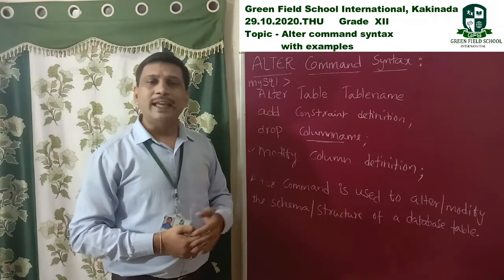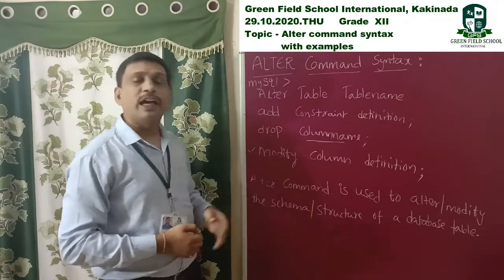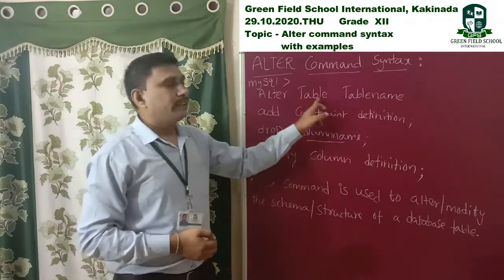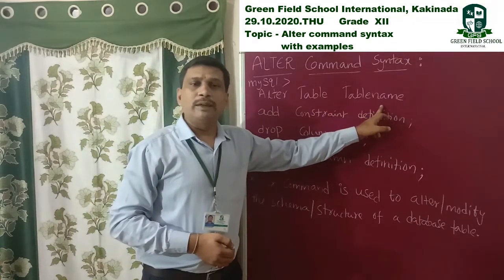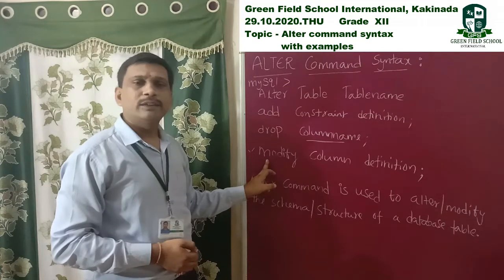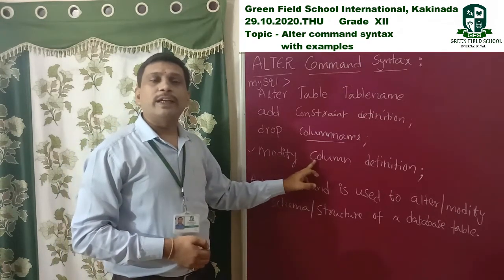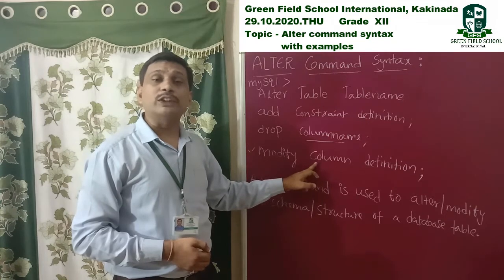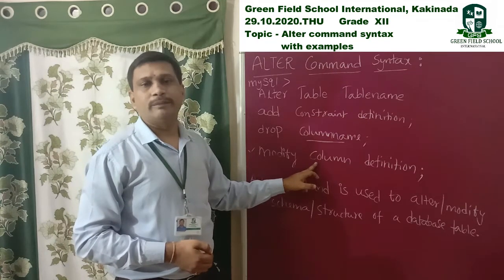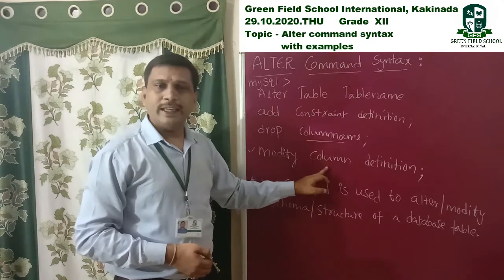Then I use this command with the modify option: alter table, name here emp. Okay. Next, modify. Here specify column definition. Column definition means first we specify column name. Here the column name is employee name, ename.